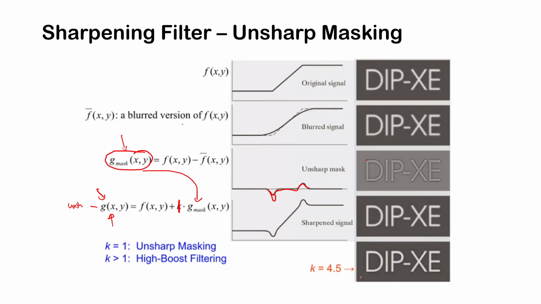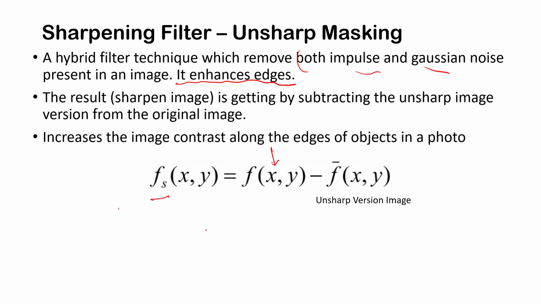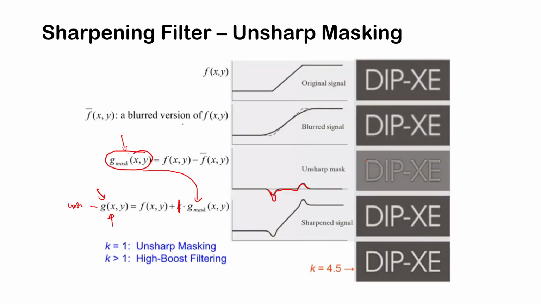Okay, so you have the first one just now, the Laplacian, and then you have the unsharp masking, which is this one, and then you use this as your result to get the sharp image. This is going to be based on unsharp masking or high boost filtering, depending on k, the coefficient.